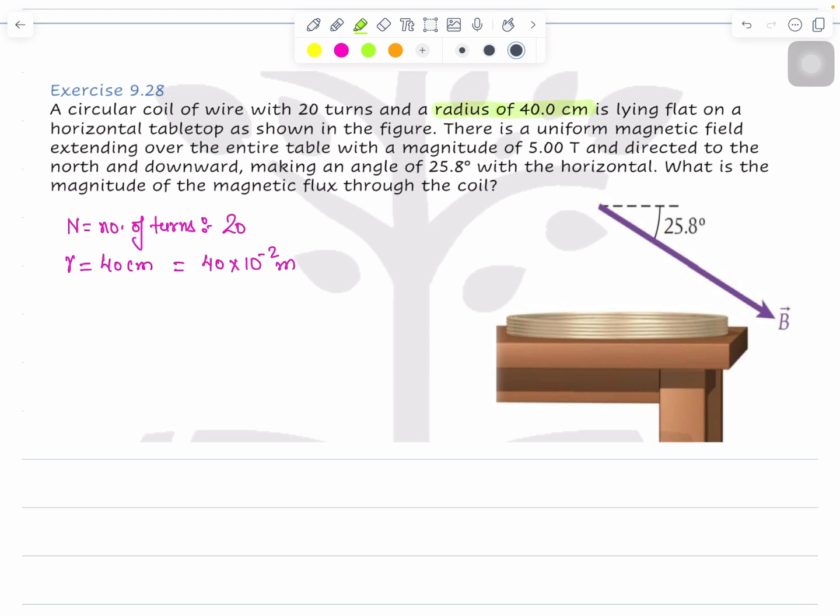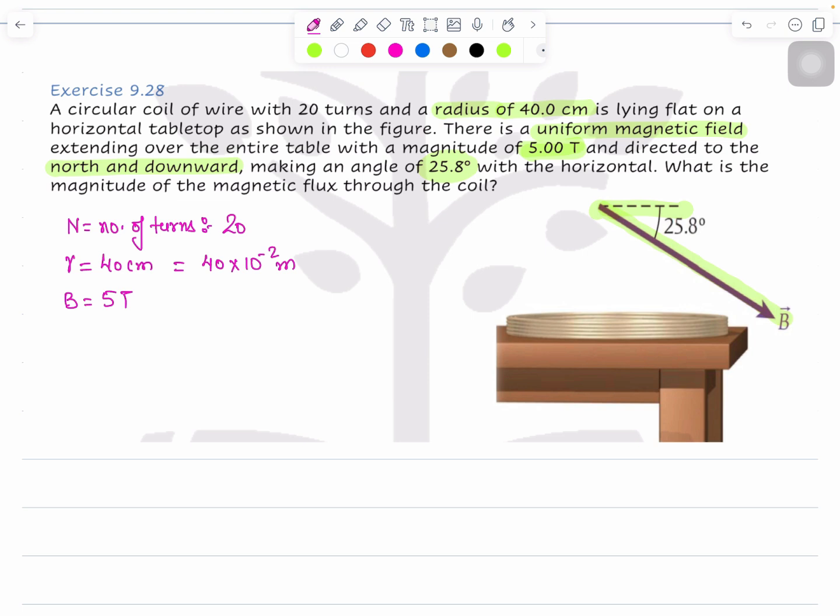Radius is given, lying flat on a horizontal table as shown in the figure. There is a uniform magnetic field extended over the entire table with a magnitude of B equal to 5 Tesla, and directed to the north and downward. The diagram is given here like this, making an angle of 25.8.